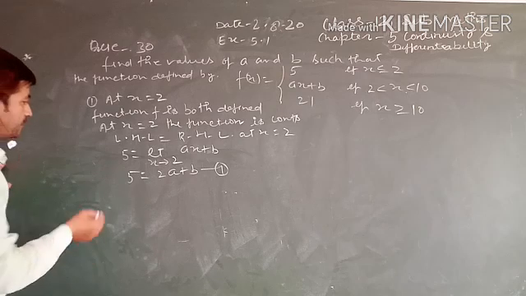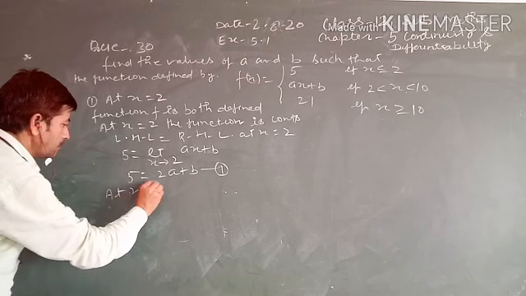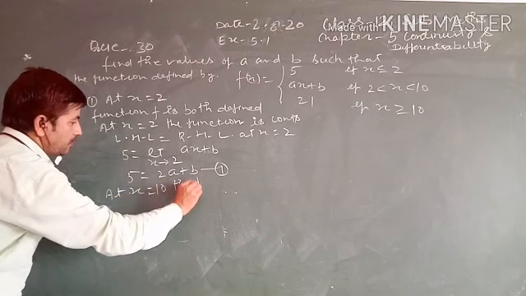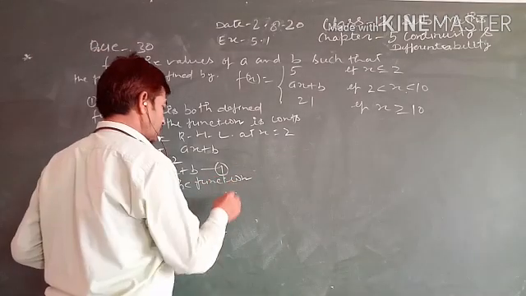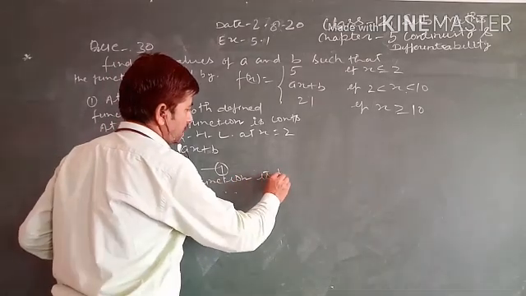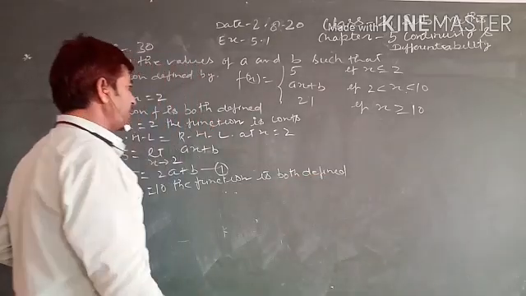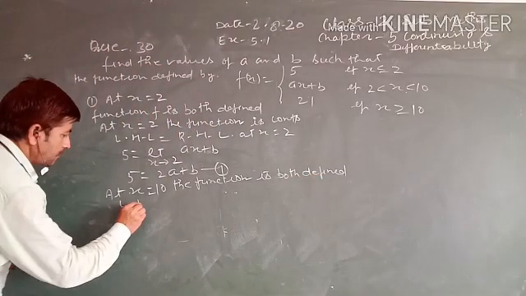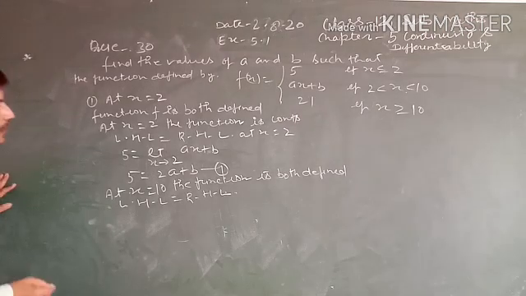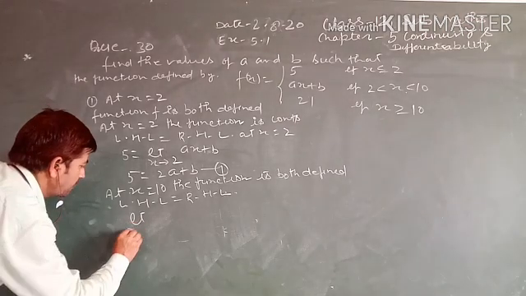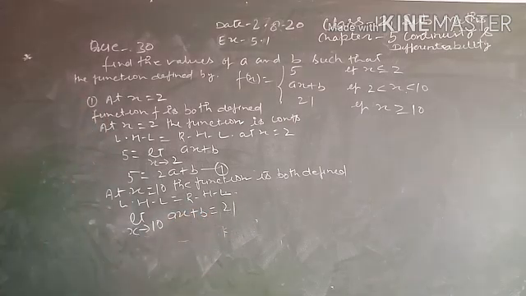At x equal to 10, the function is defined on both sides. LHL is equal to RHL. LHL is limit x tends to 10 of ax plus b, and RHL is 21.